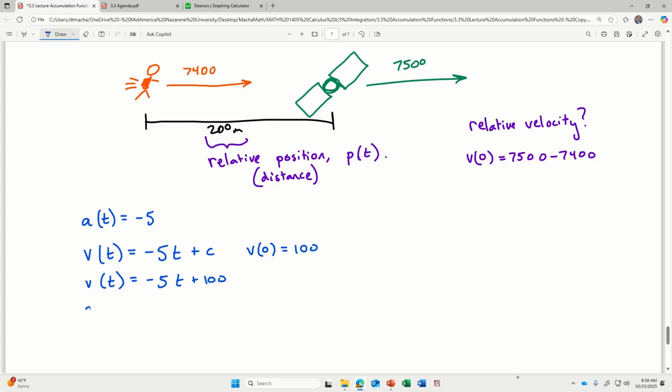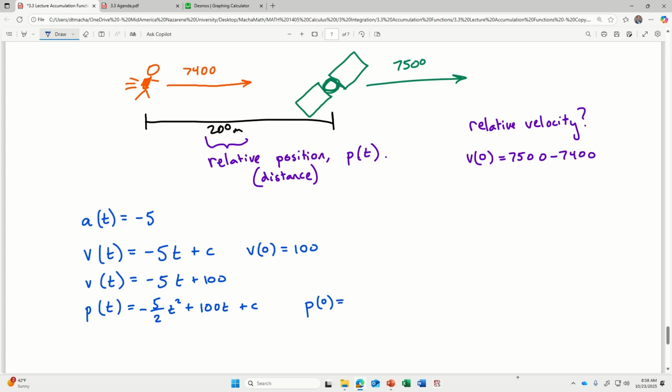Okay, now let's take the antiderivative of velocity to give me position, my relative position. So what's the antiderivative of -5t? What's the antiderivative of 100? 100t. And then don't forget plus c. Now, remember, what's my relative position at time t equals 0?